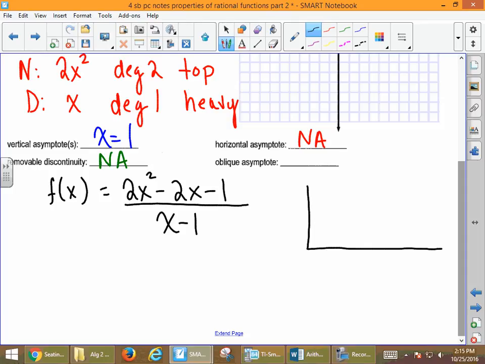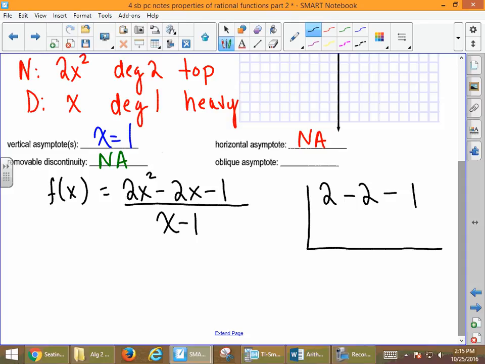And what we're going to do, the number in front of the x squared term is a 2. The number in front of the x is a negative 2, minus 1. Make sure that your function's in descending order. We have the highest degree term first, and then the next highest, and so forth.